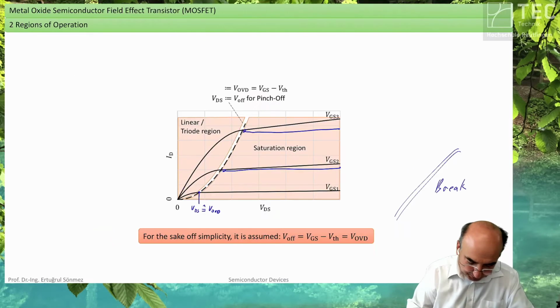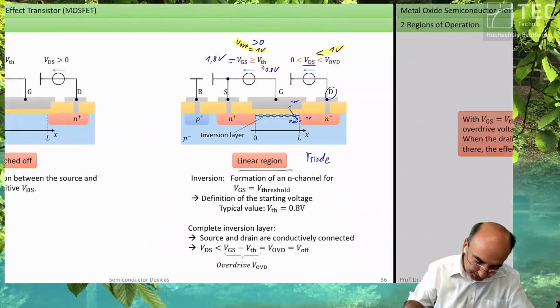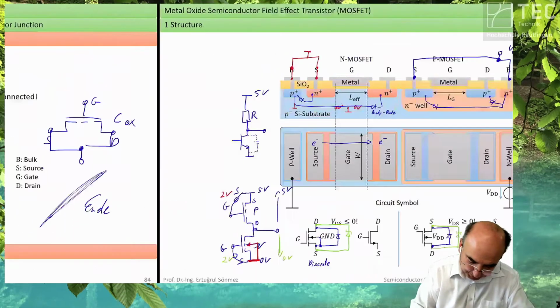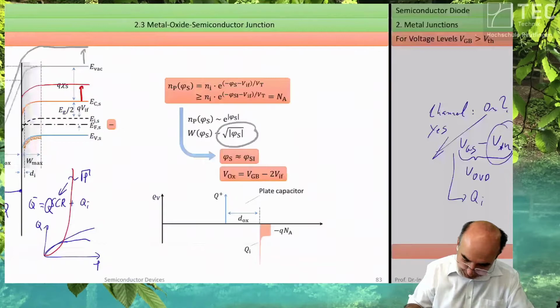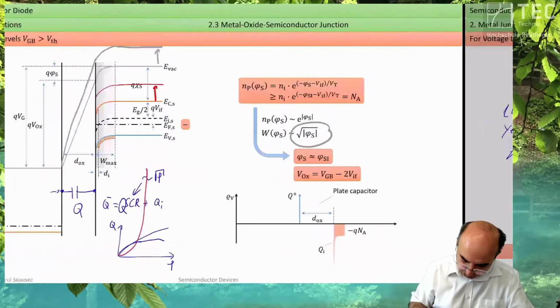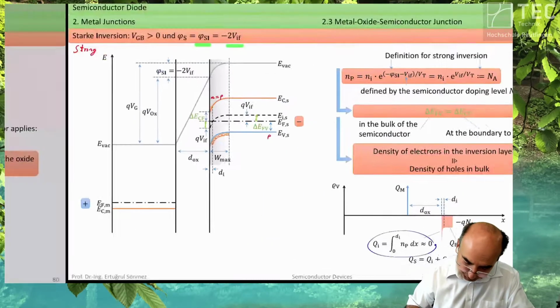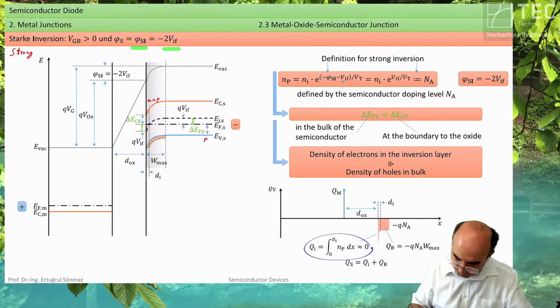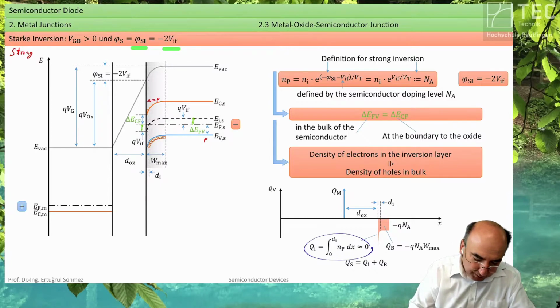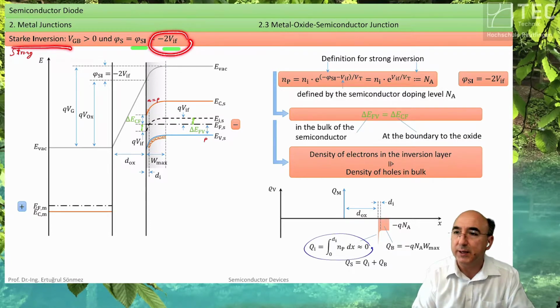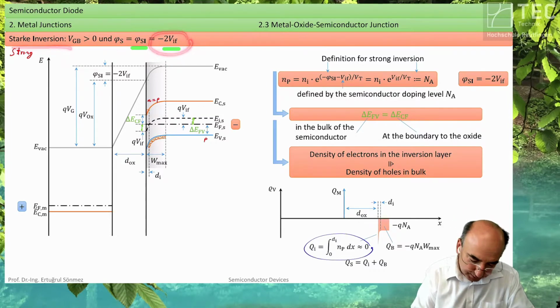Let's put there the page number where we have stated this the first time. We said that first here. We said that the inversion charge is zero at the voltage defined as 2 phi F at the surface plus oxide.